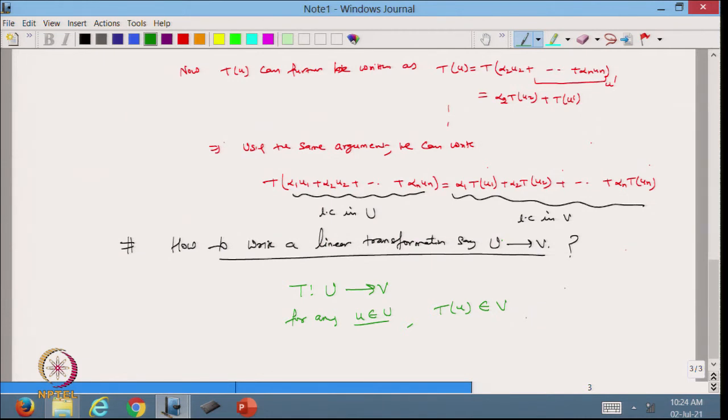So it is going to have an infinite number of points, and it is not possible for us to find the image of each member of the vector space U. So how can we find the linear transformation from one vector space to another vector space? These things we need to find out.